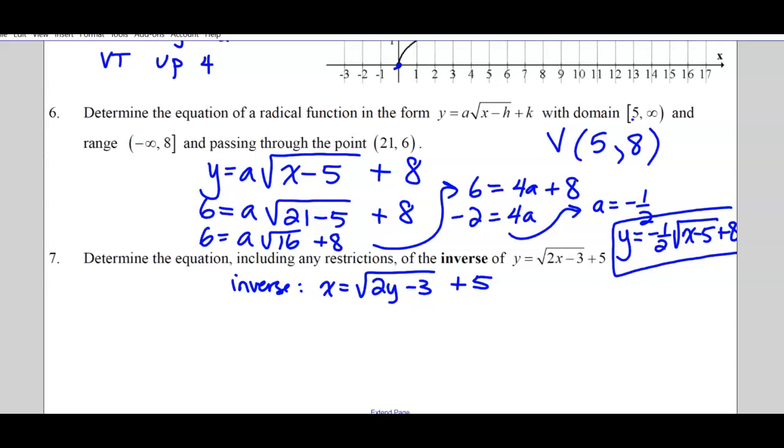Square both sides. And in this case, it doesn't say how to express it, so I'm actually going to keep it in vertex form. Keep it as x minus 5 squared.